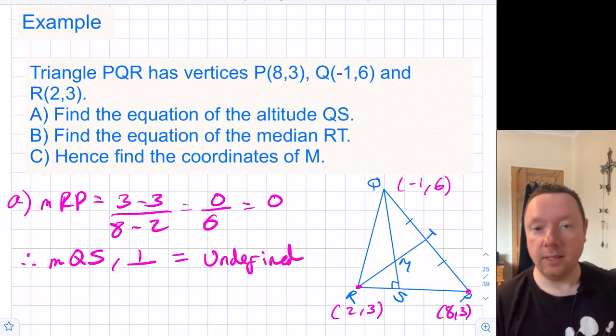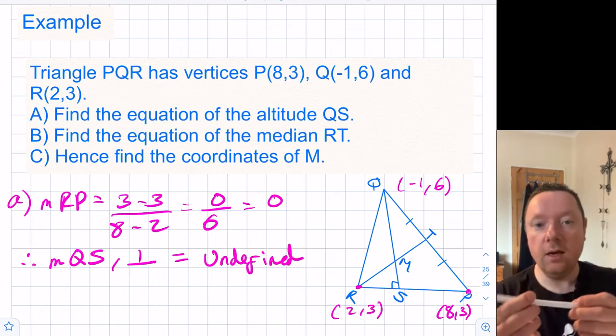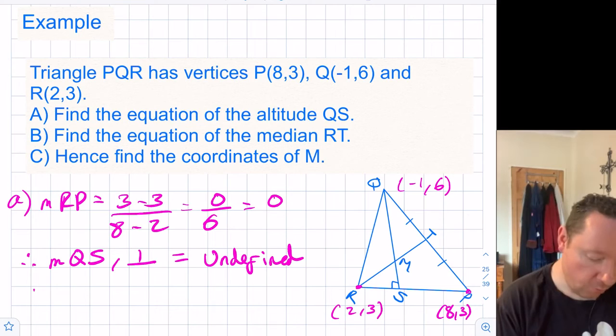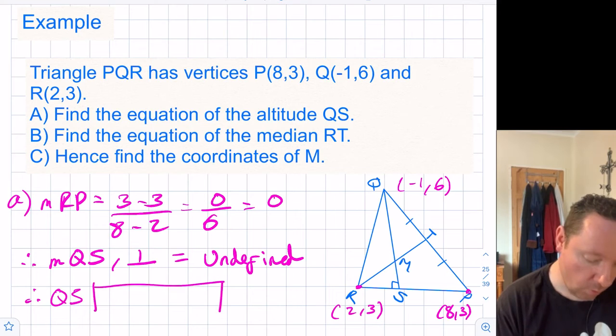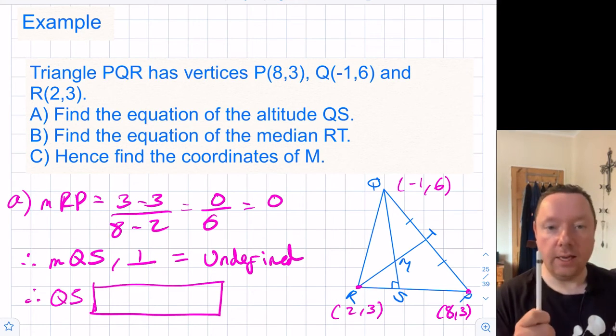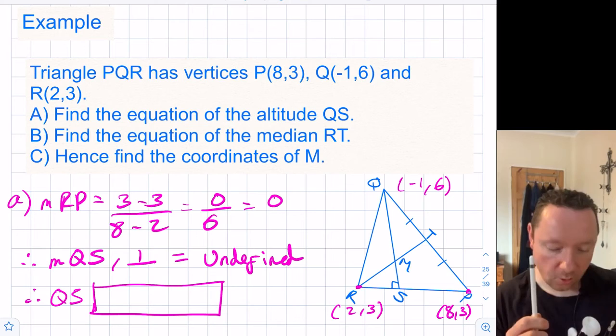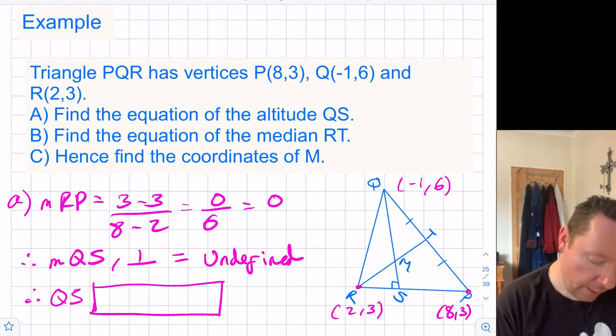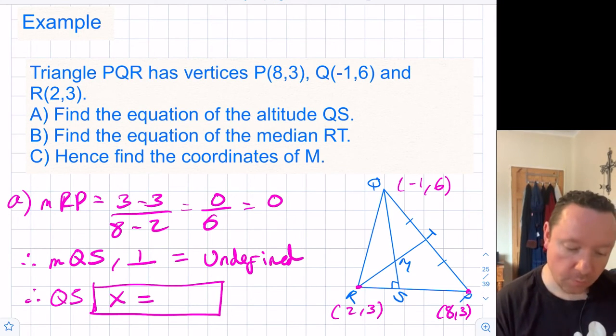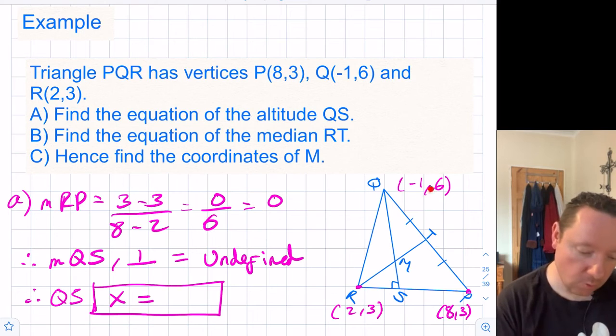Usually it's m1 times m2 equals minus 1, but for a horizontal line of gradient 0, the perpendicular vertical line is undefined. Therefore, the equation of QS is, put it in a little box, a vertical line has an equation of x equals a number. The only number we've got is Q's x, which is minus 1, so x equals minus 1.